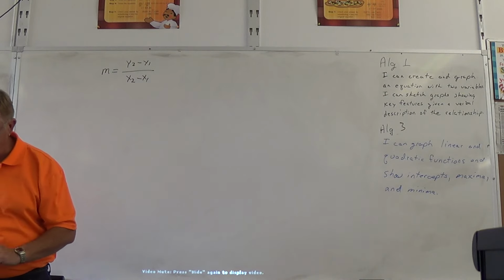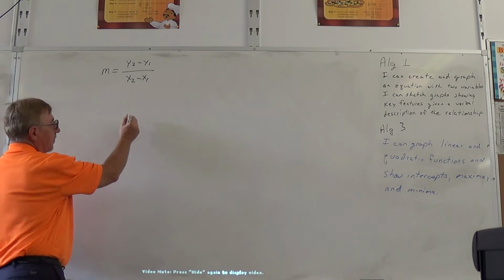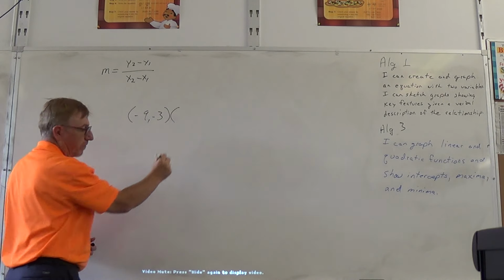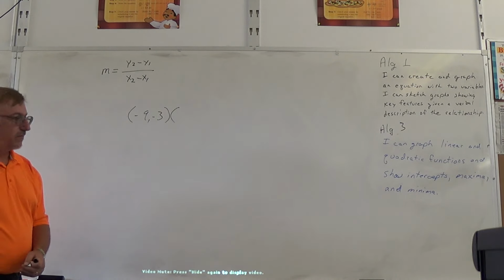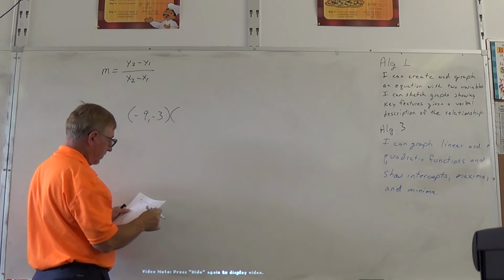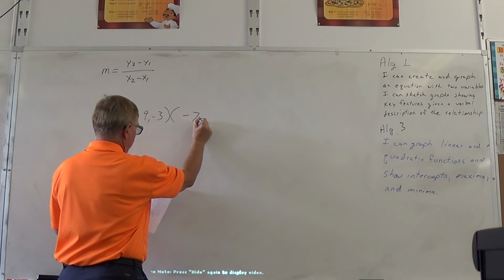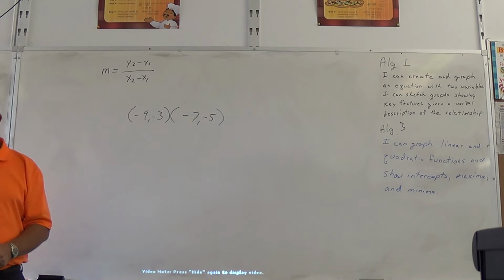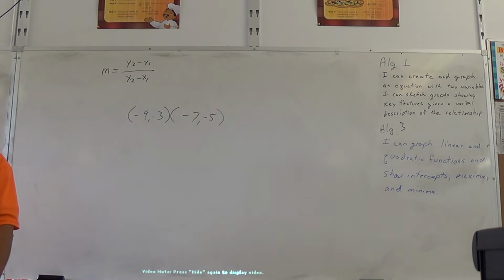So, number one was -9, -3, -7, -5. So how am I going to set that up, Jade?